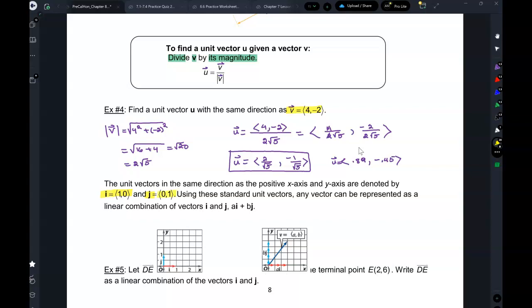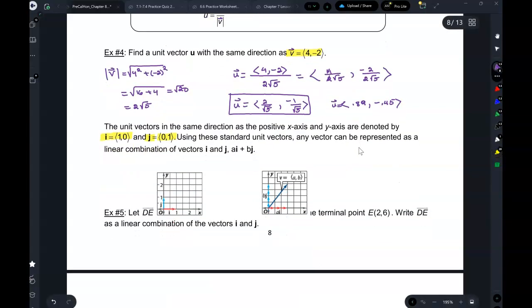Now, in shorthand, i and j are given special symbols. They're written with a little hat on top, and it's literally called i hat. And i hat is 1, 0, and j hat is 0, 1. I hat and j hat.